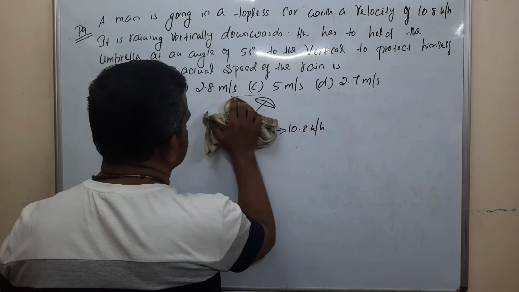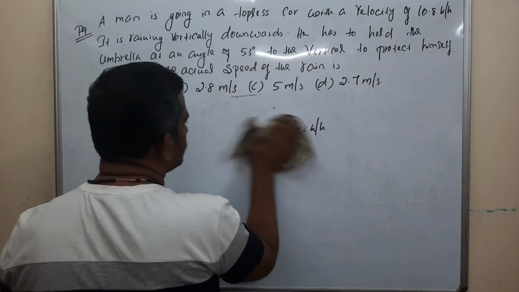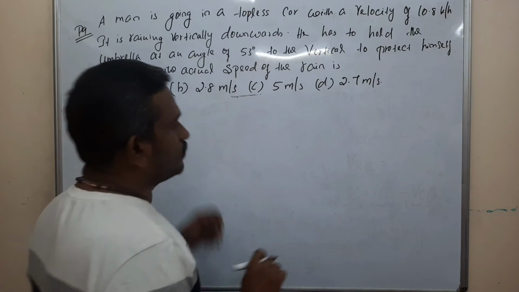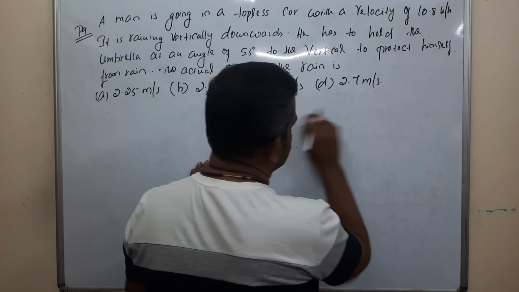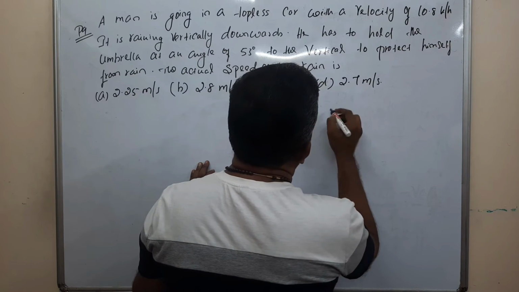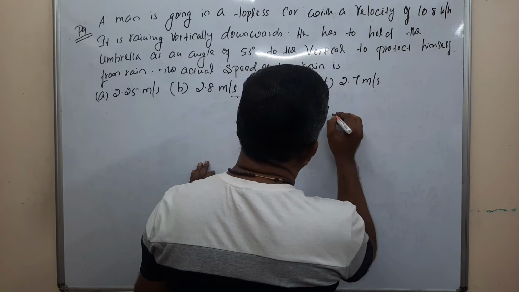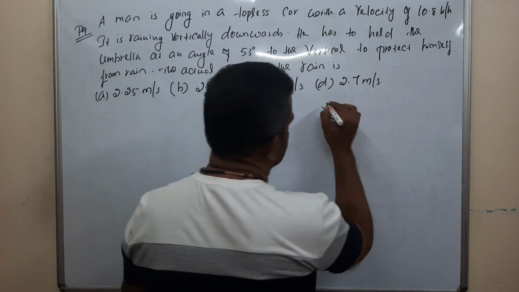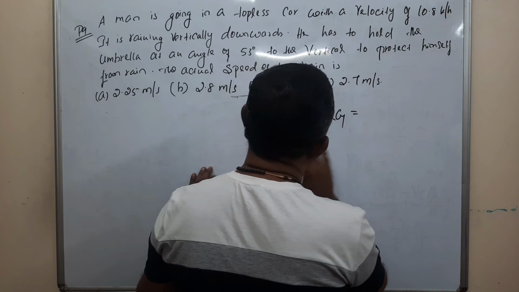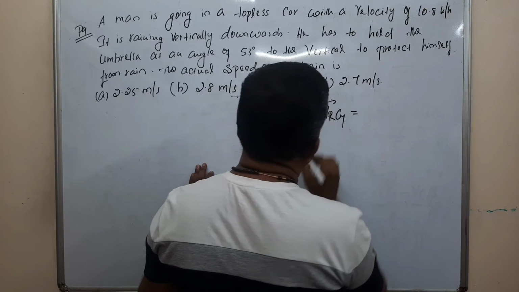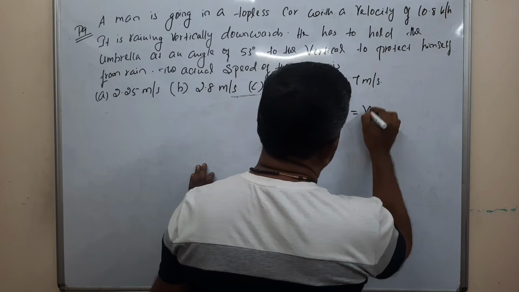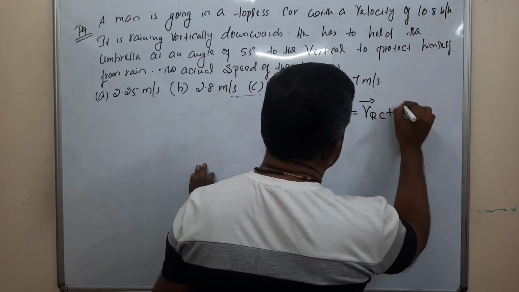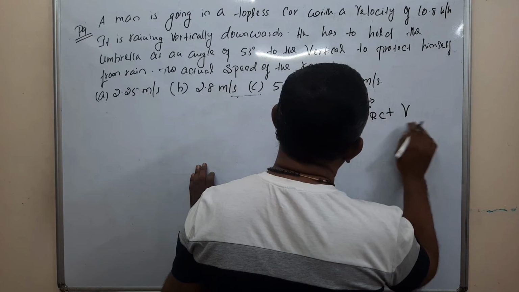So this is the situation. What is the speed of the rain with respect to the ground? What is the formula?